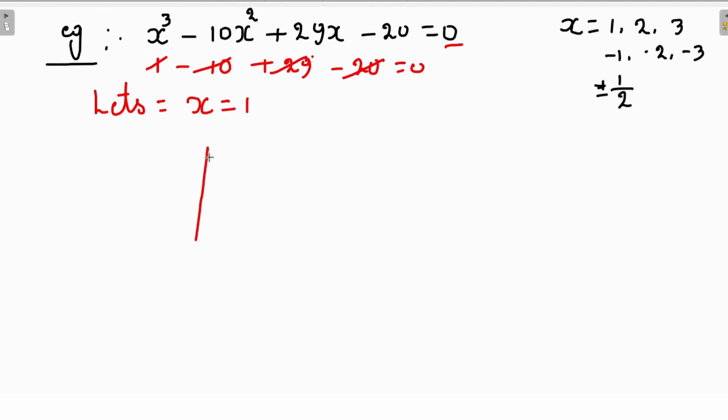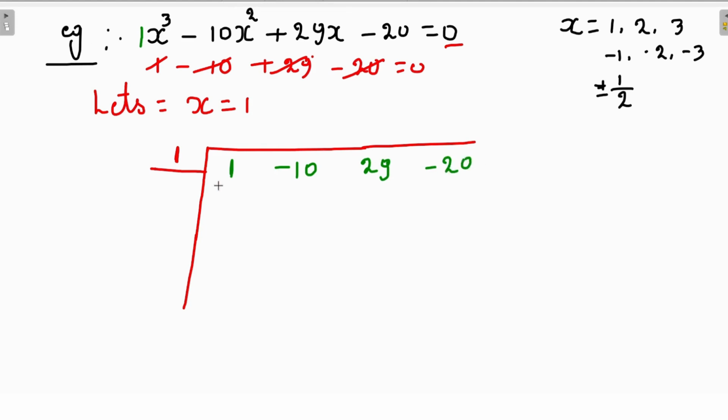Now I will reduce the cubic equation to a quadratic equation. The x value is 1. Now write down the coefficients of the equation: 1, minus 10, 29, minus 20.